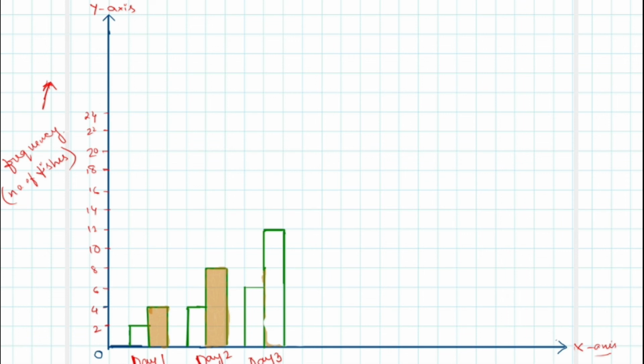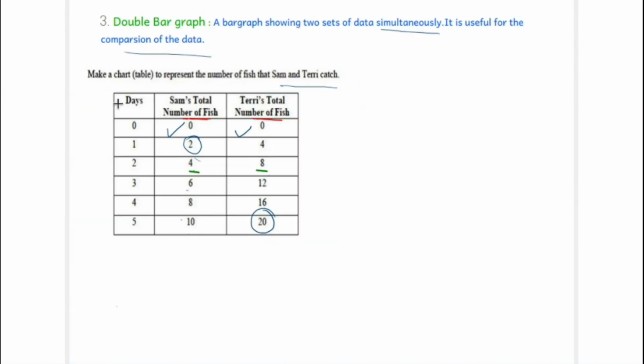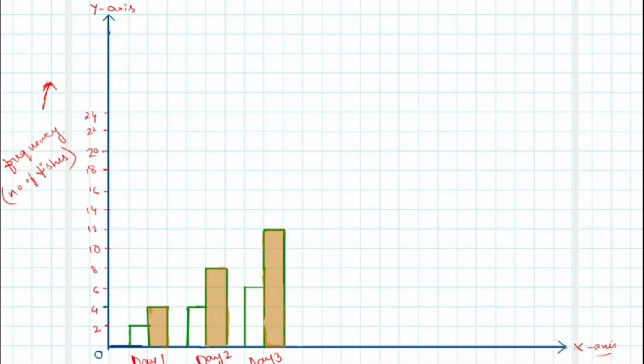And then we will highlight it. So for day 3 we are done. Now for day 4, what is the data? 8 and 16.